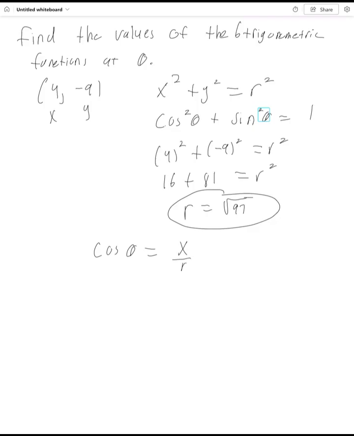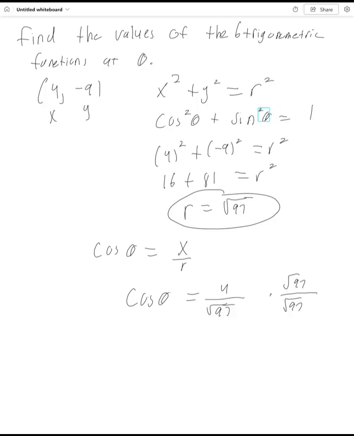So now we can go ahead and actually do some solving. Let's do cosine first. Cosine of theta equals, remember, x divided by r. Let's get our x value and plug it in. So cosine of theta equals 4 divided by square root of 97. This is right, but we can rationalize.